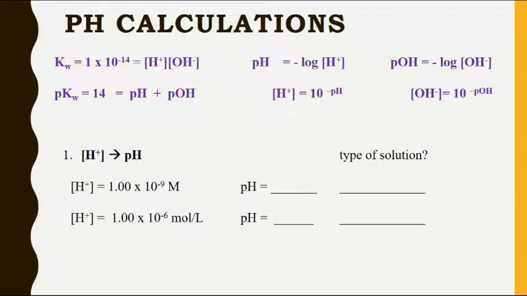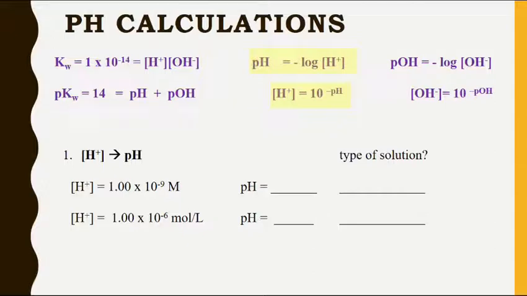I've got all of those equations up at the top. And in this first set of problems, since we're trying to get from H plus and solving for pH, you might think that what we would be using is our pH equation. But in these first few problems, what we've got is this special case where I have 1 as my base. So really all I'm looking at is 10 raised to a negative number, which means that I'm looking at something that looks a whole lot like H plus equals 10 to the negative pH.